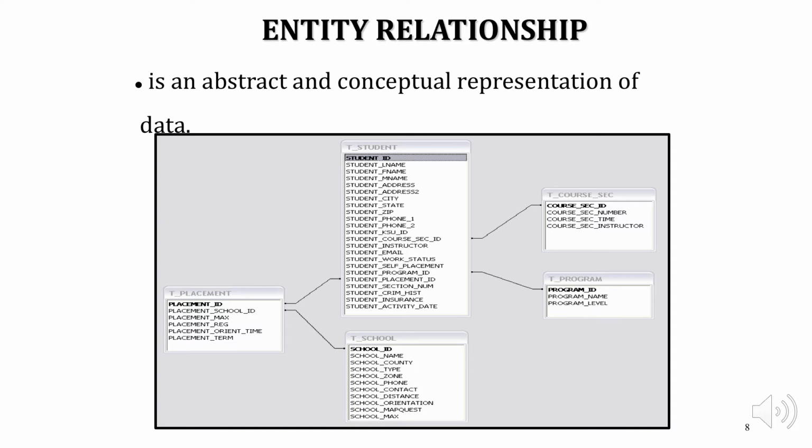For example, you create one database for a business company, and in the database you include the information about the customers and also the orders, the purchases and the customer information. So these two tables are related to each other, because each time the customer buys the products, they record the orders in the other table.